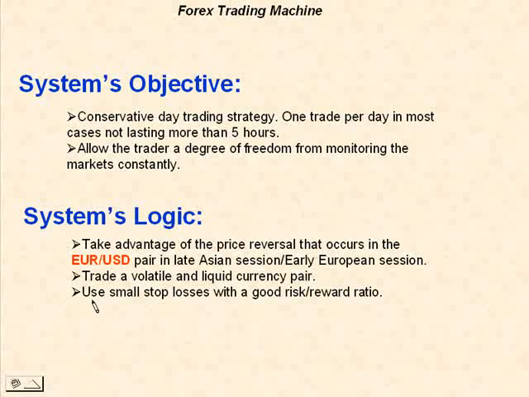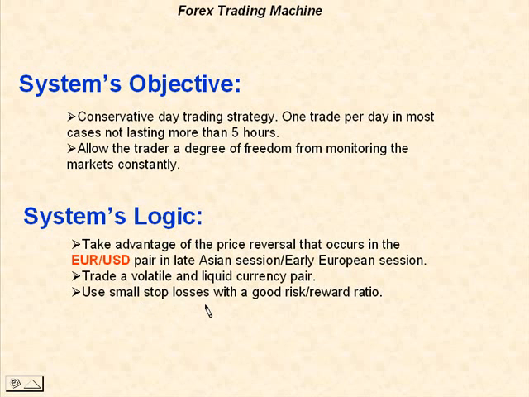And the third system's logic is to use small stop losses with a good risk to reward ratio. This is very crucial for a day trading system. So the Forex Flip Go uses a very small stop loss of 15 pips once the trade is entered, and then we use a trailing stop, which is also an important feature of the system.